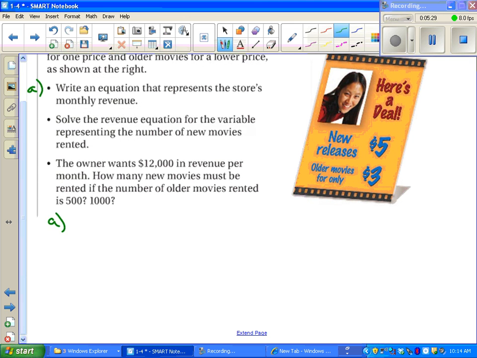We want monthly revenue, so we should get a variable for revenue. And that revenue is going to depend on how many new movies we rent, so we need a variable for that. And we're going to need to know how many used movies we rent. And that gives us our total revenue. Not total profit, but total revenue.